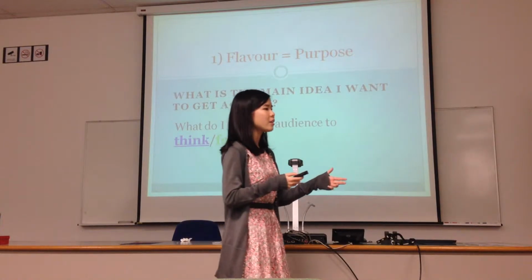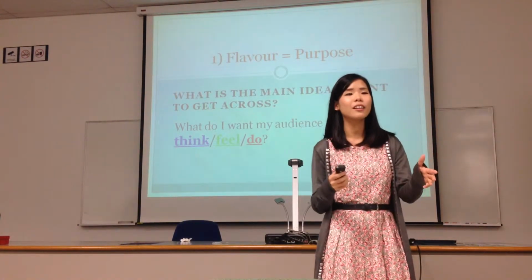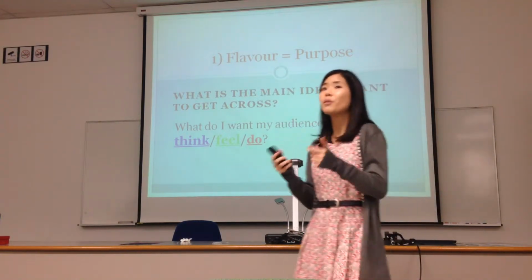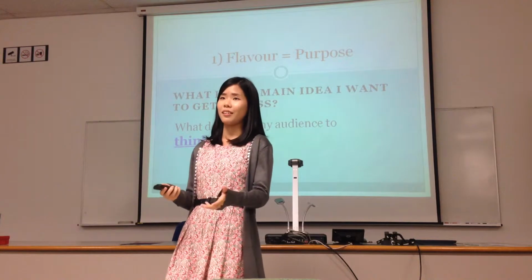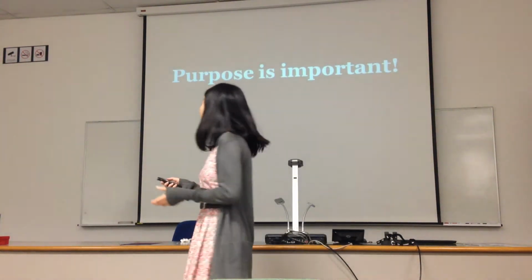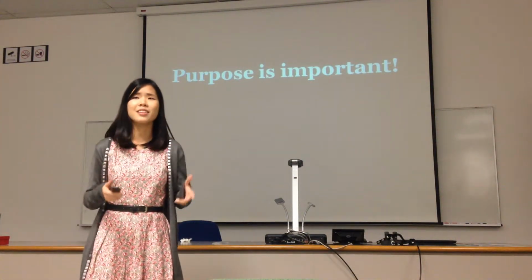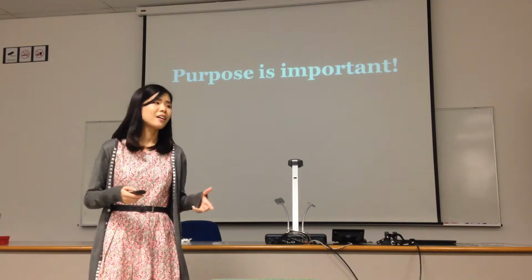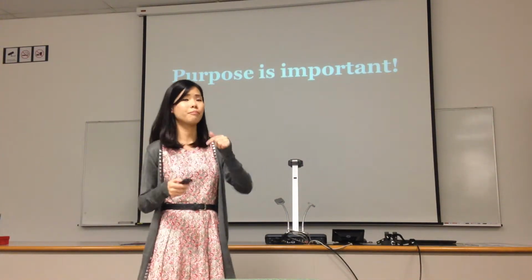So what do you want your audience to think? Do you want them to think differently? Do you want them to feel motivated? Or do you want to make them do a good deed? Your purpose is so important. So if you're going to make a chocolate cake, you can't make it taste like a durian cake. So everything you say has to link back to your purpose.